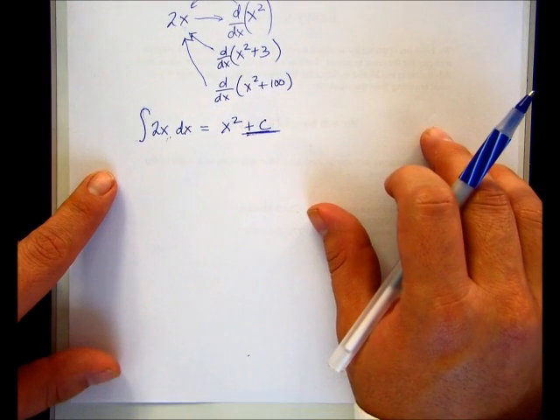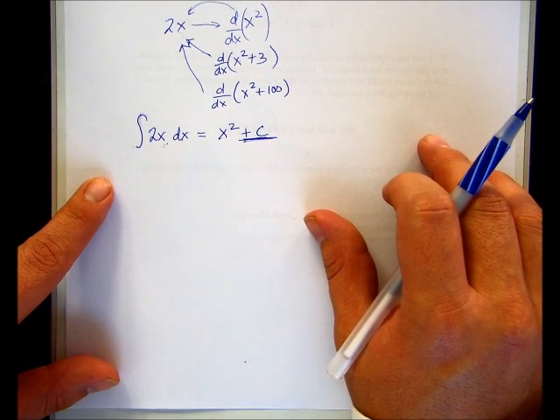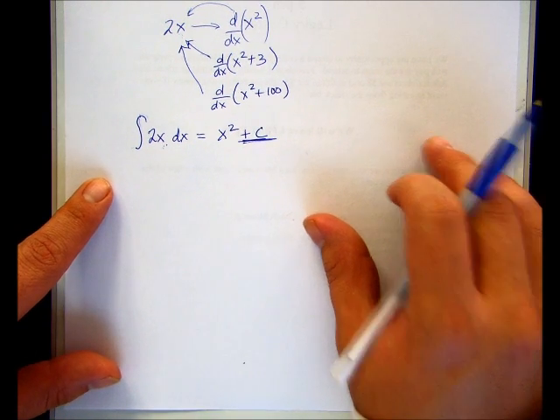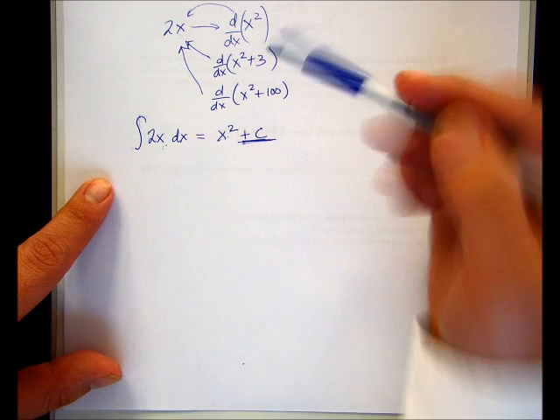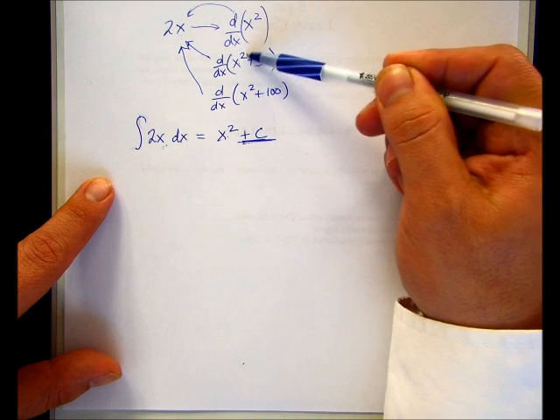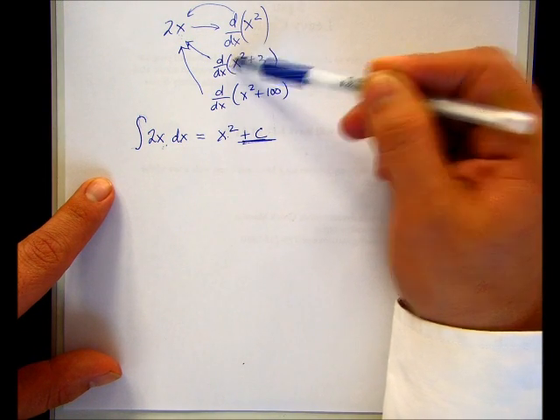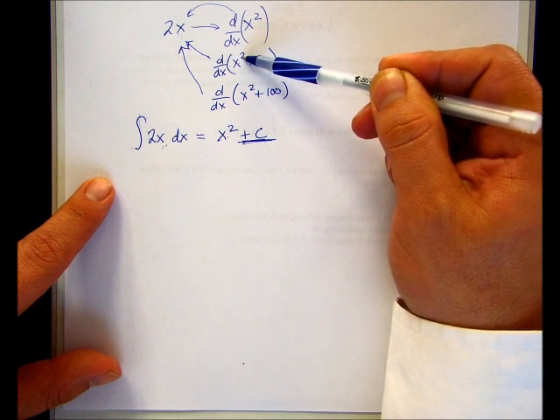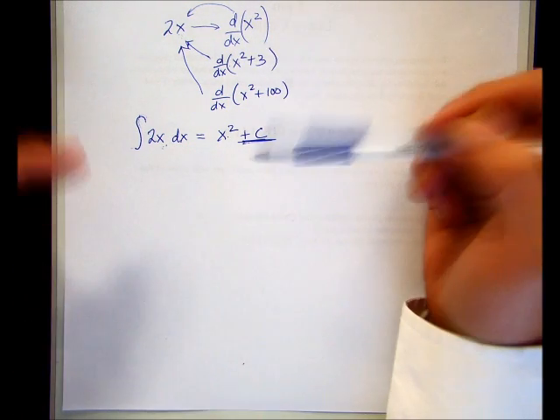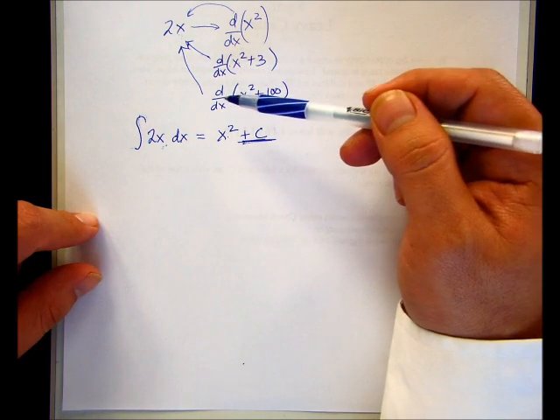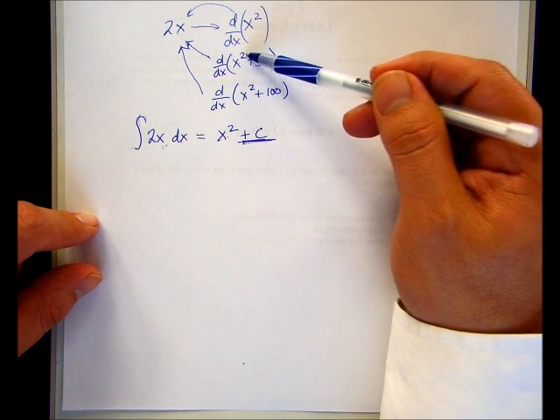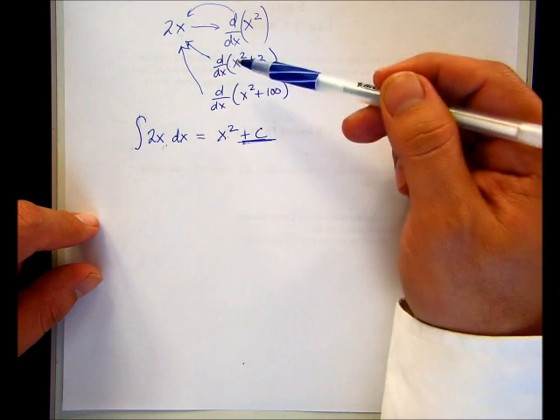So we've got something called a power rule for indefinite integrals. If you remember, the power rule for derivatives is we would take this number, multiply it in, and subtract 1. Now we're going to do the opposite. Instead of multiplying, we're going to divide, and instead of subtracting 1, we're going to add 1.